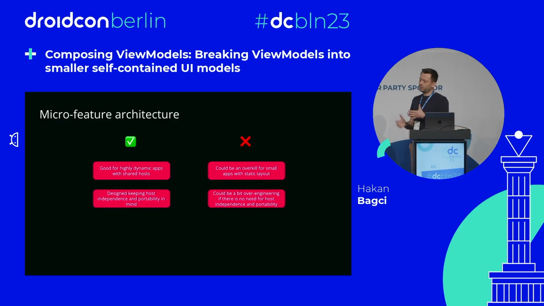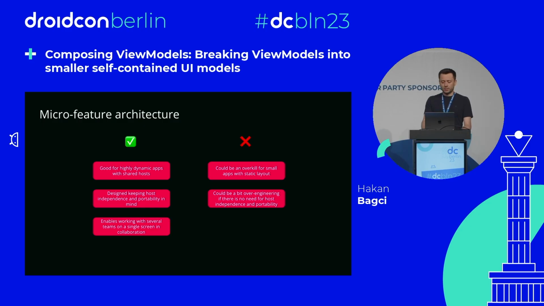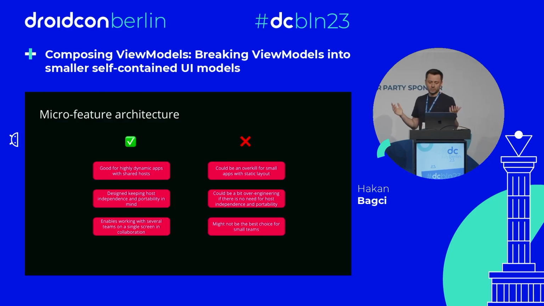But it could be a bit of over-engineering if there is no need for host independence and portability. I think this is very critical. It enables several teams to work in collaboration on a single screen. But it might not be the best, for example, for small teams with static layout apps.